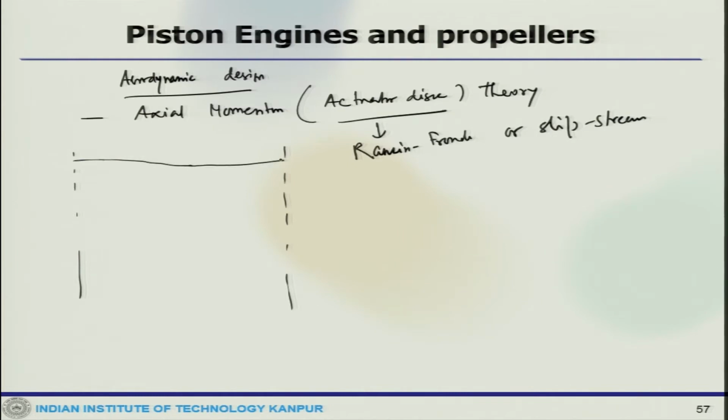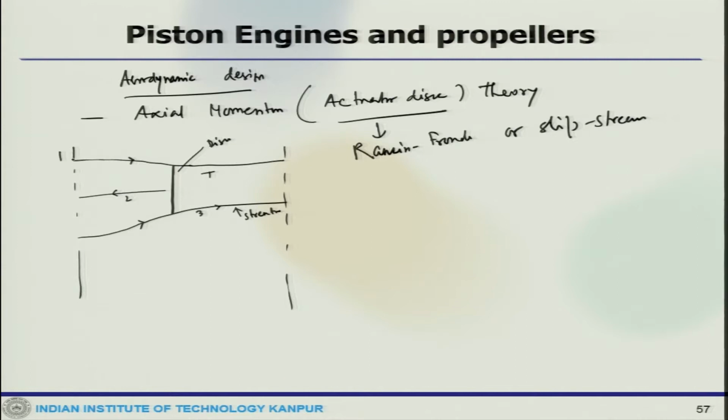Now, this is 1, that is 2, this is the disk, this is 3, so this is a stream tube.